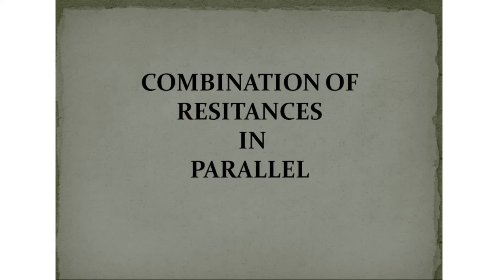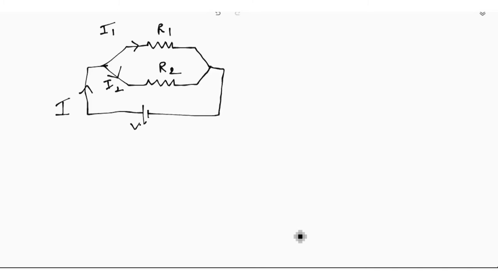Now we will derive a formula for calculating the combined or equivalent resistance of two resistors connected in parallel. Here you can see two resistances R1 and R2 connected in parallel. In this case the potential difference across the two resistances R1 and R2 is the same as the total potential difference applied across the ends.